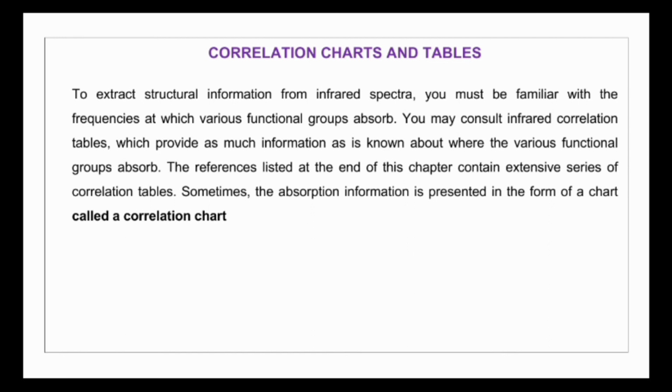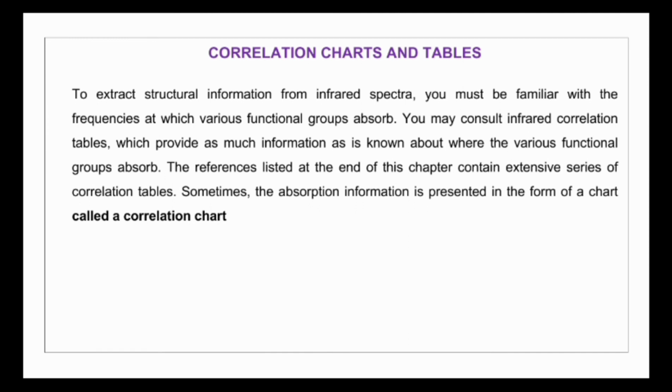Let us see. To extract structural information from infrared spectra, you must be familiar with the frequencies at which various functional groups absorb. You may consult infrared correlation tables, which provide as much information as is known about where the various functional groups absorb.